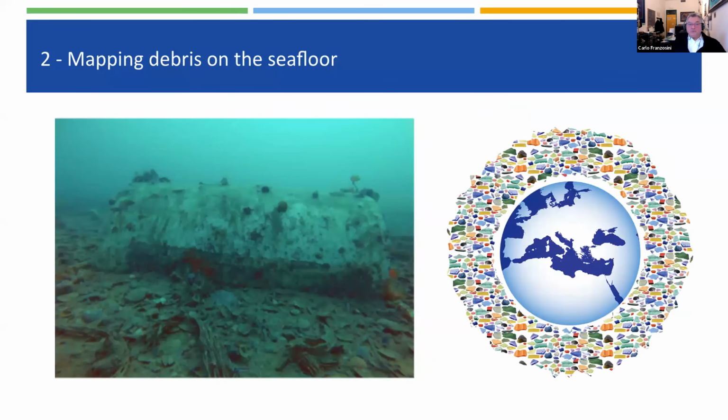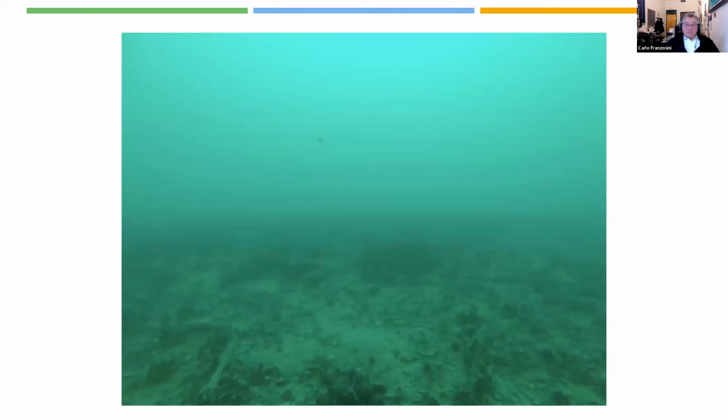And so the first part of the work we have developed is the mapping of the debris generated by aquaculture, by mussel farming, all along the seafloor. We have performed a scuba survey, a photo survey, and I don't know if you can clearly see on this photo the layer of tubular nets on the sea bottom, but they are almost continuous.